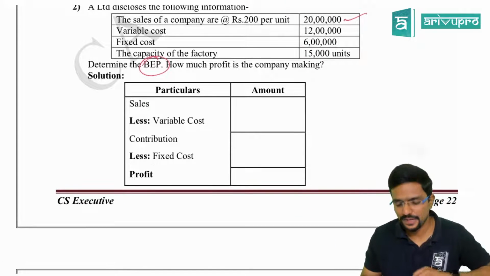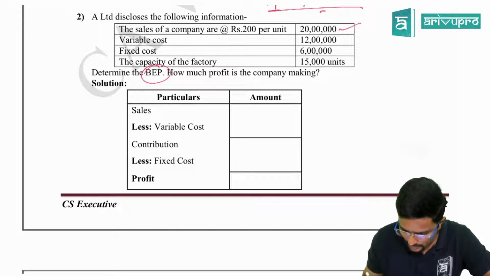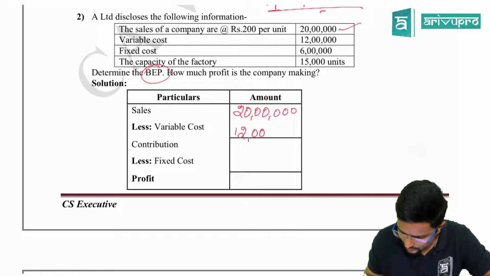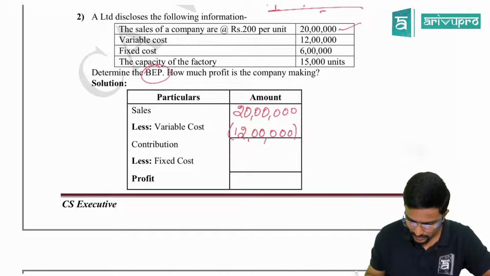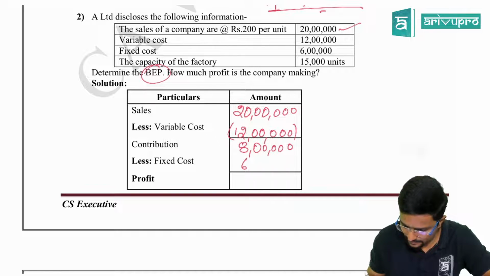First, let me prepare a table, my basic table. So sales is 20 lakh. Okay. Variable cost is 12 lakh. Then contribution 8 lakh. Fixed cost is 6 lakh.